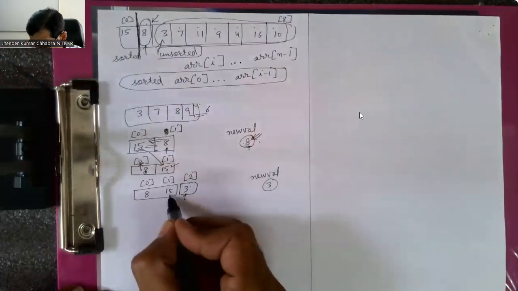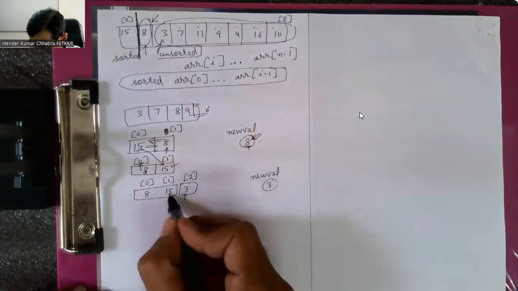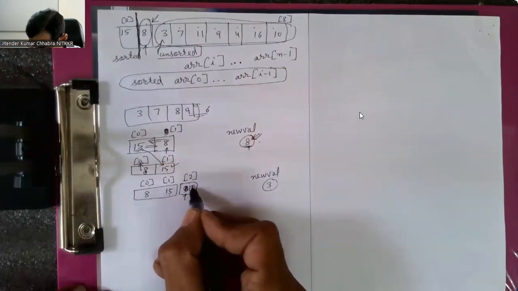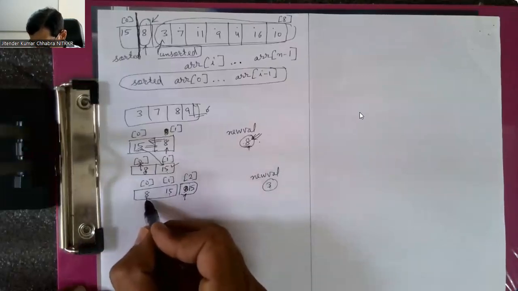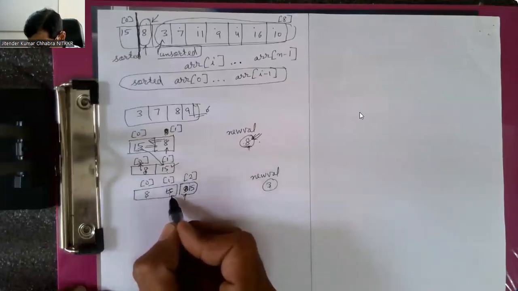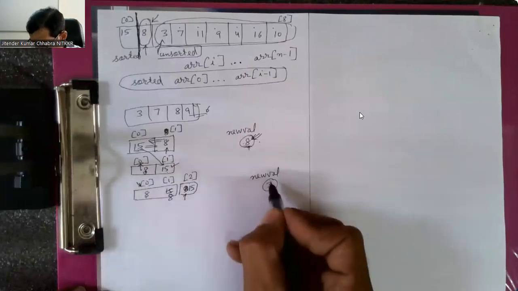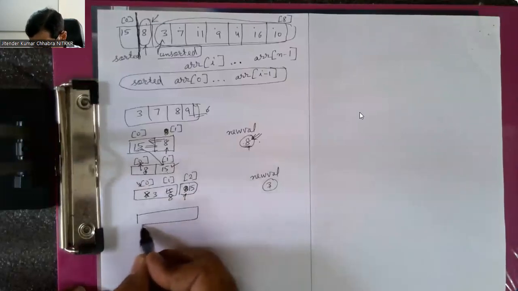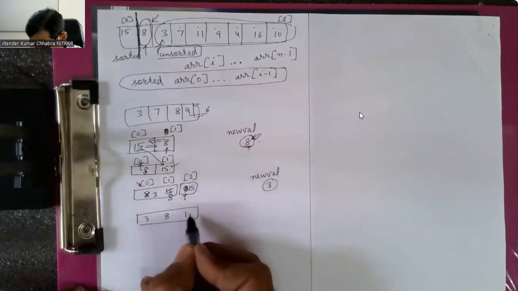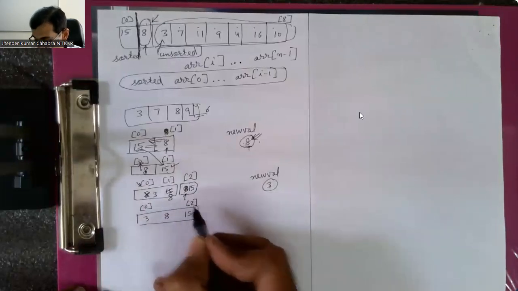So 3 versus 15 obviously means shifting could be done. 15 is bigger, so this 3 will be overwritten by 15. 3 versus 8, 8 is bigger, so this 15 will be overwritten by 8, and we have reached the last position, so 3 will be coming here. So now my array has become 3, 8, 15, indices 0 to 2.